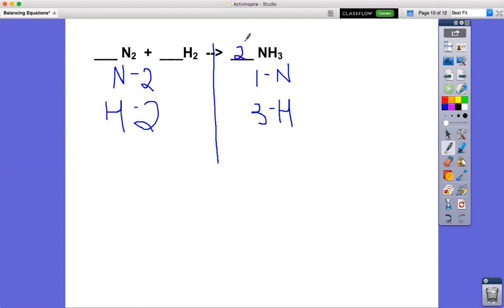Okay. 2 times N is 2. And hydrogen, 2 times 6 H would be 6. Good. Okay, so now my nitrogens are balanced, but uh-oh, look at my H's. So what do I need to put right here to make it a 6? 3.